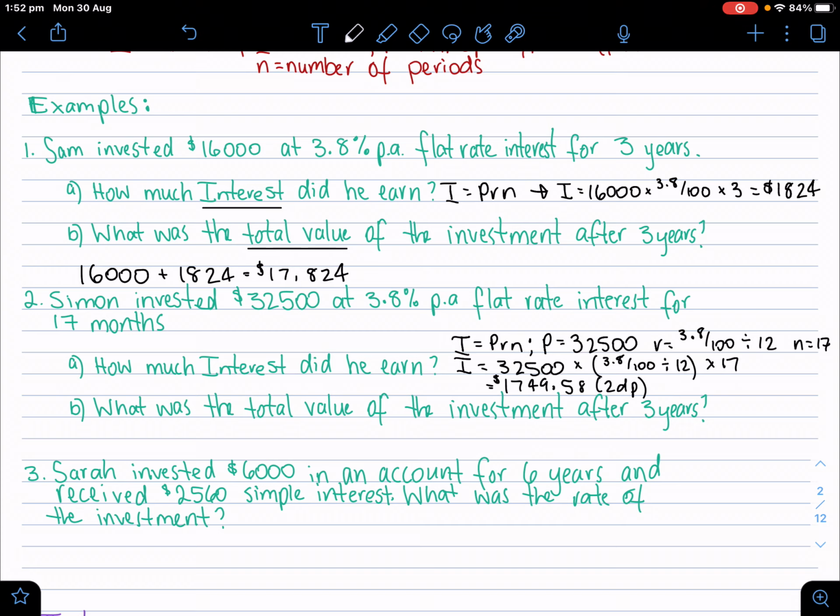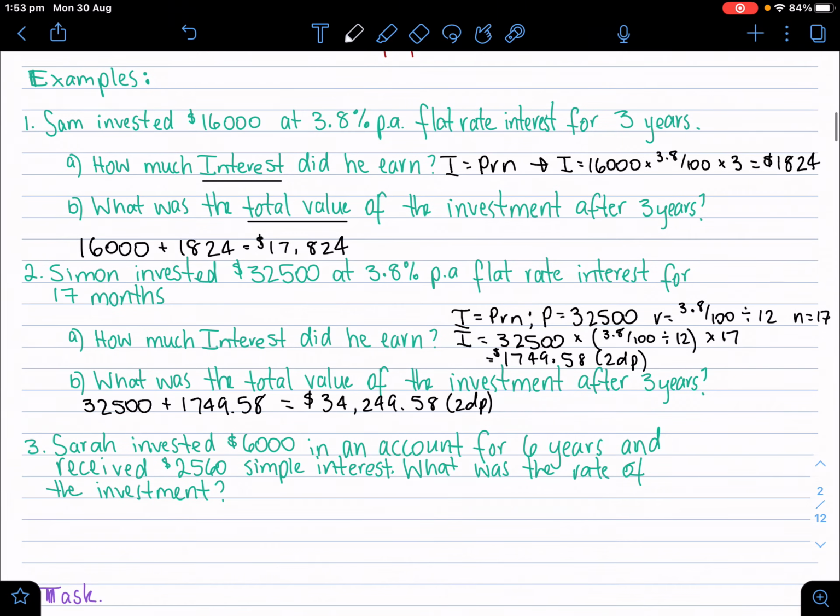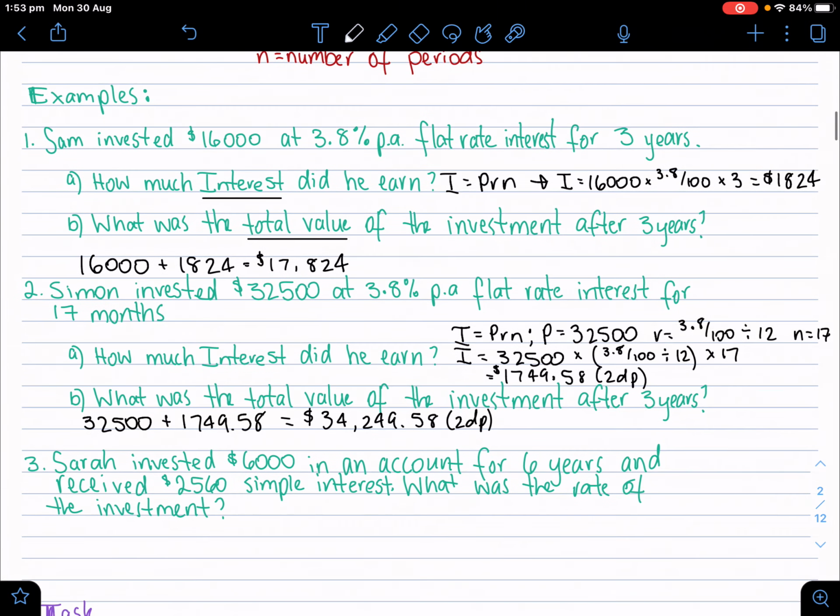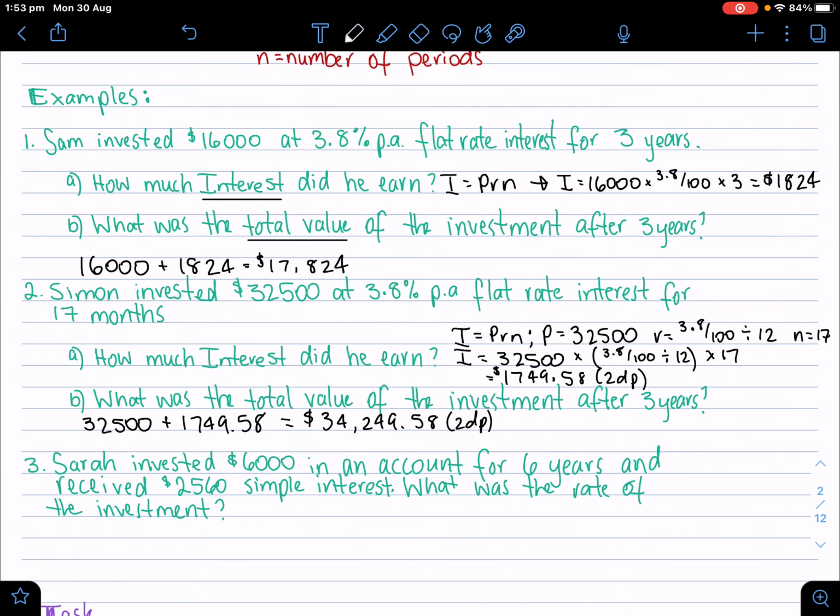Again, just like in example 1, you're going to have your original principal plus the interest that he earned. And we get $34,249.58, again to 2DP because we added. So they're the simple basic questions in regards to just subbing into the formula.